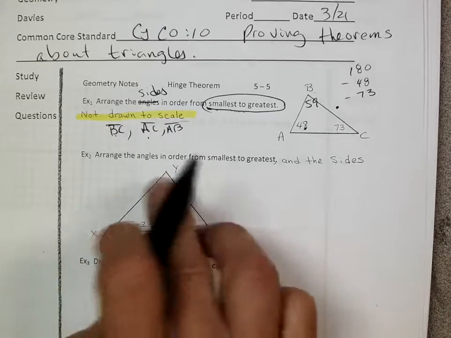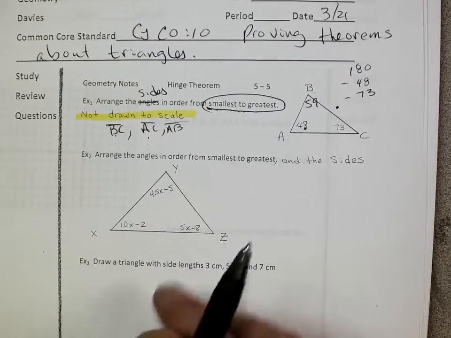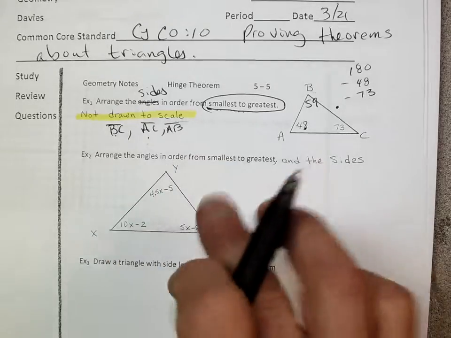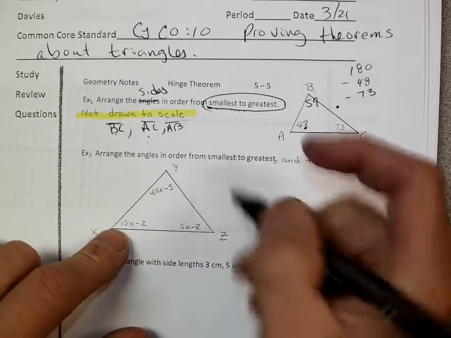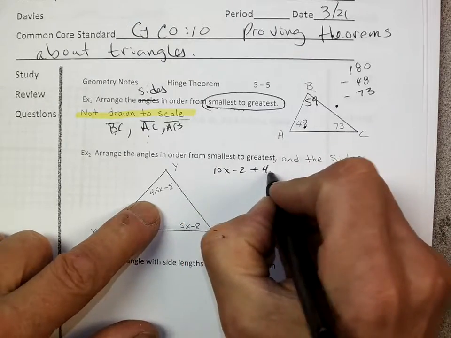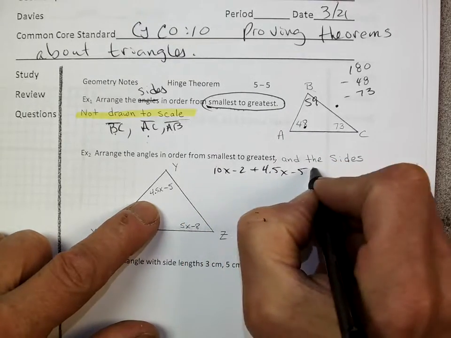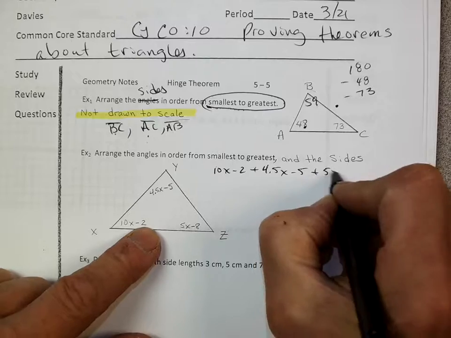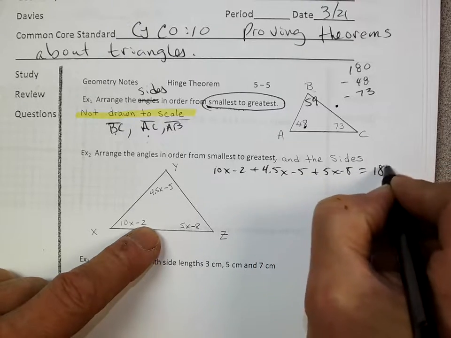I do know all three angles have to add up to 180 degrees, right? So angle X plus angle Y plus angle Z equals 180. So let's go 10x minus 2 plus 4.5x minus 5 plus 5x minus 8 equals 180, right?